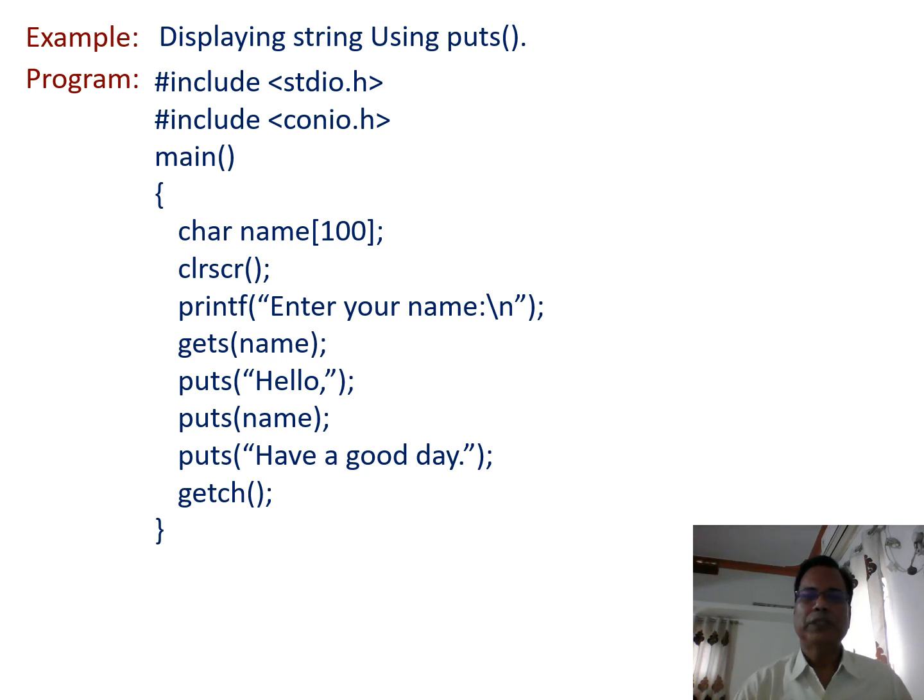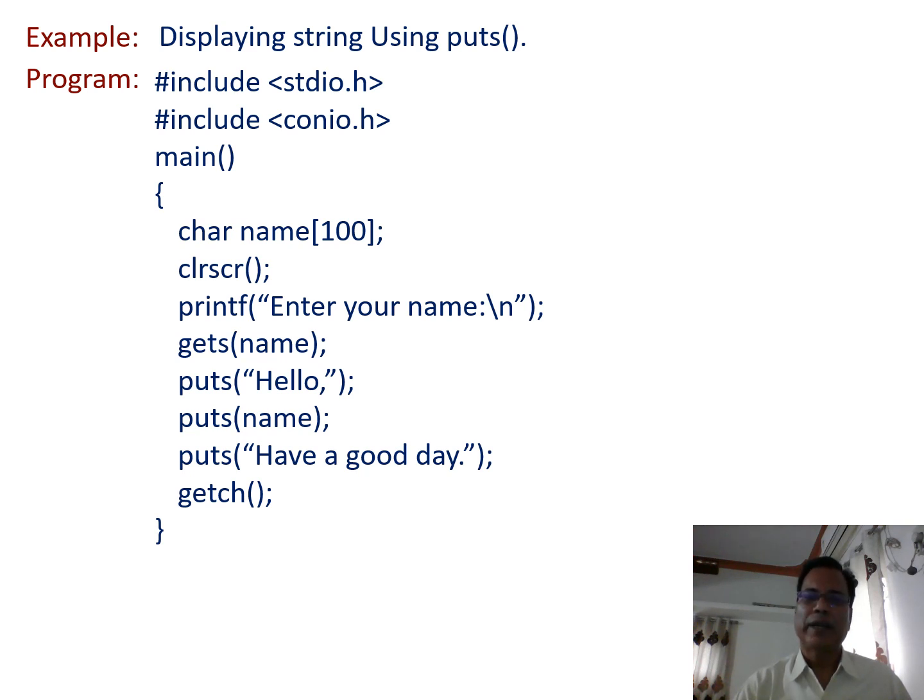Then using the clrscr function, anything previously written on the output screen is cleared off. The printf statement prints "Enter your name:" on the output screen, and \n brings the cursor to the beginning of the next line.